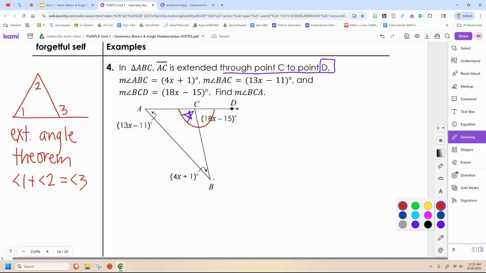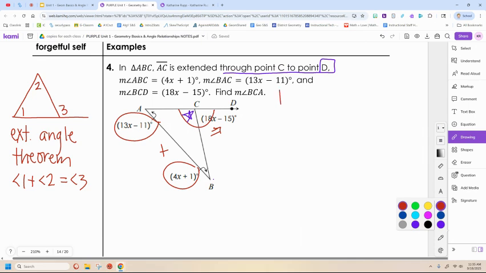So we played with it with just numbers, and that's how you actually remember it. But when you're given algebra, you either have to do a system of equations, what? Or you remember the theorem. Okay? So what's our theorem say? It says this plus this equals that guy up there, right?